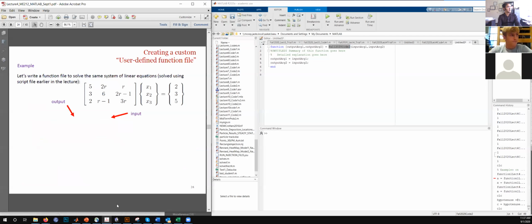Now, in terms of an actual example, let's go back to the same example that we did with the script file, but let's think of it now as how to solve it using the user-defined function structure. So tell me what should be the output arguments here if we are trying to solve this.